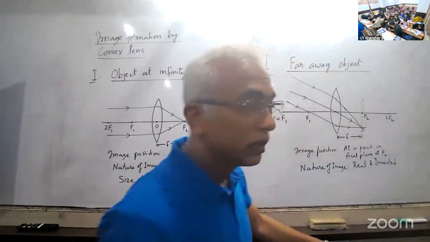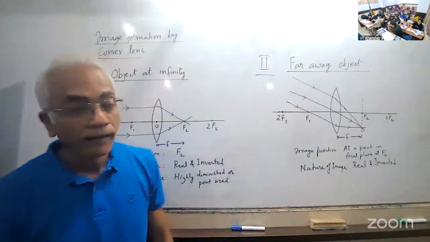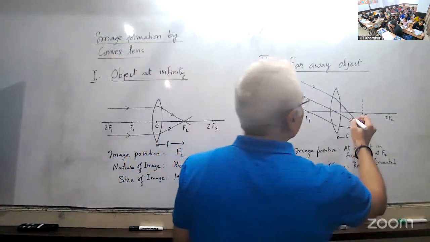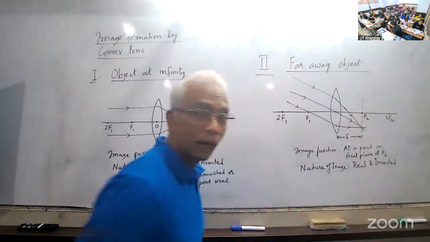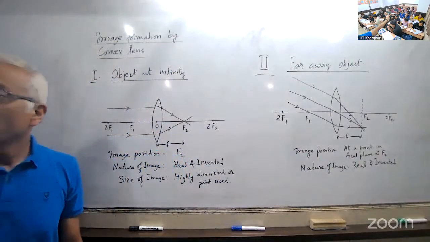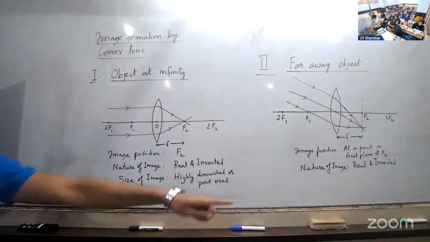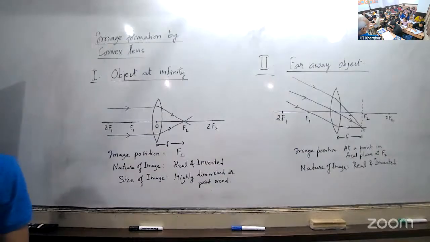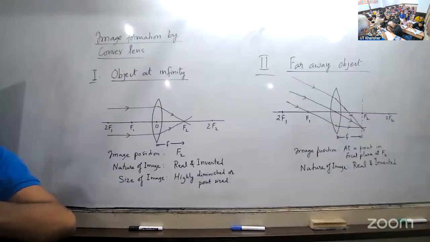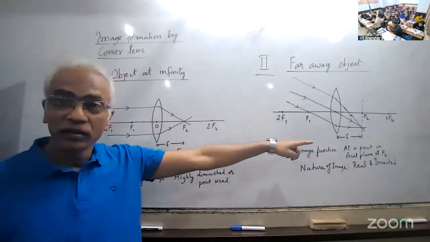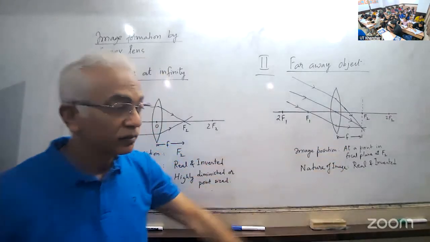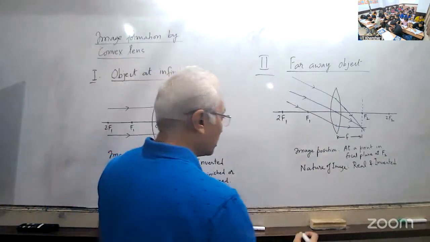Why real and inverted? The rays here are actually physically intersecting. Okay? That's why it is real and inverted. Right? Now, what is the size?